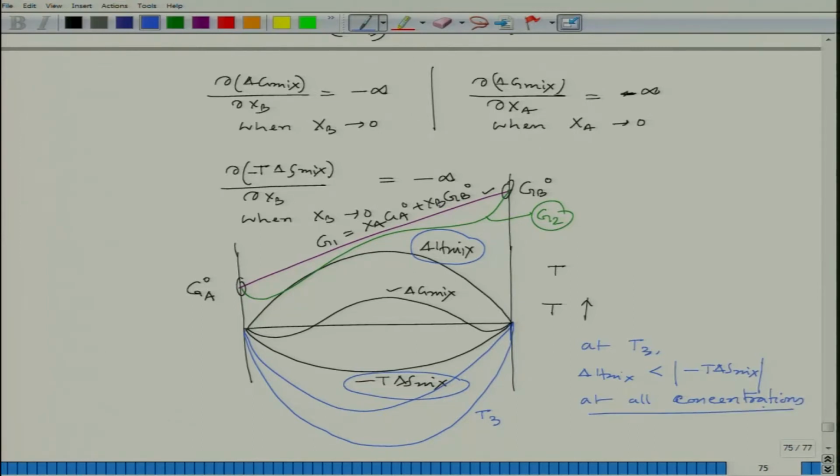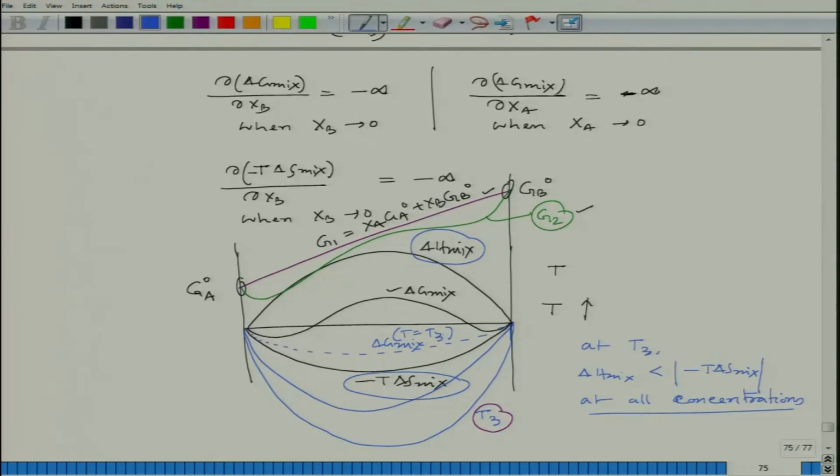So, at that time this G2 line would also keep on changing, because if it is T3, then my ΔGmix would gradually go down, because this is ΔGmix when T equals T3.